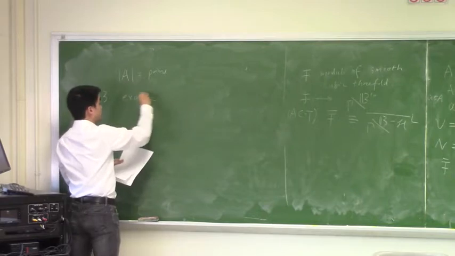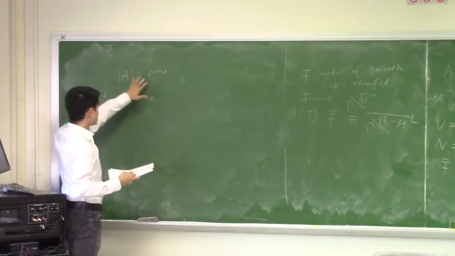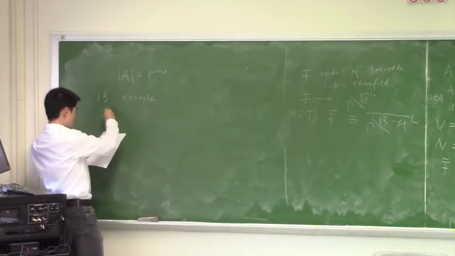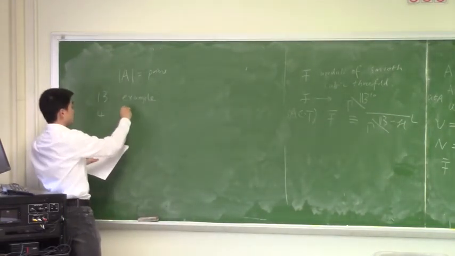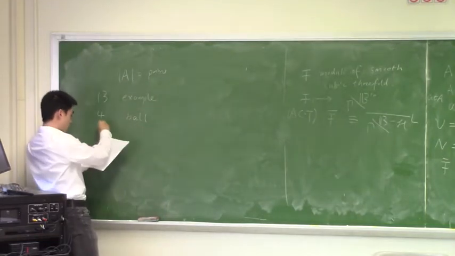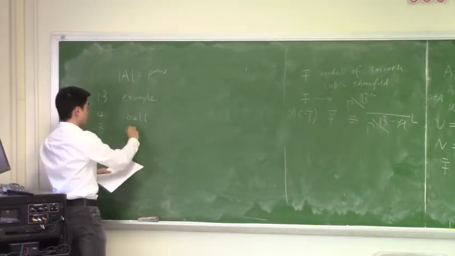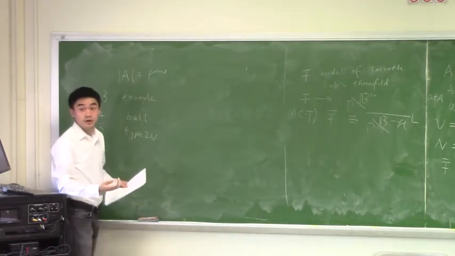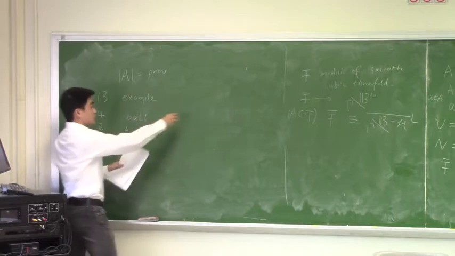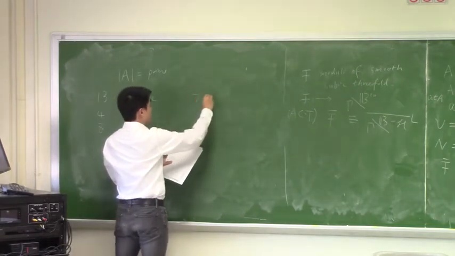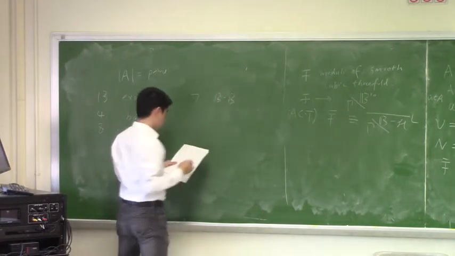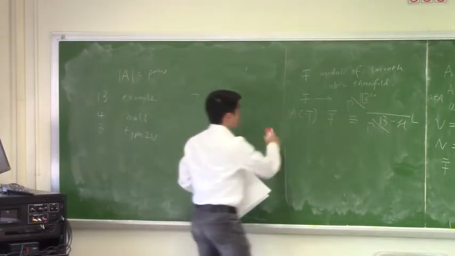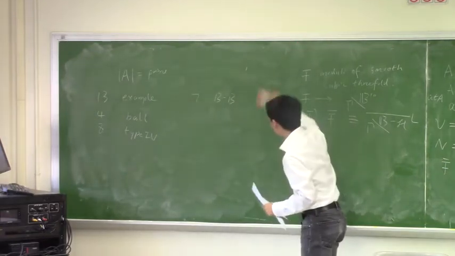There's a classification of such prime order groups acting on smooth cubic fourfolds. So there are 13 examples, and 4 of them give us a hyperbolic ball, and 8 of them are type 4 domain. And 1 of them is just dimension 0 with isolated points. And also 7 of them are Baily-Borel compactifications. So we have a complete list for prime order automorphisms.